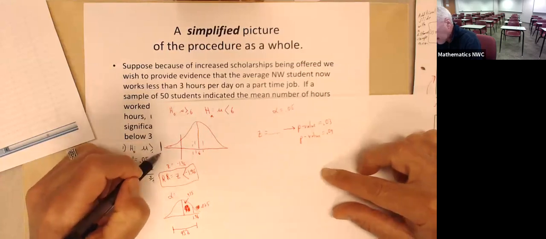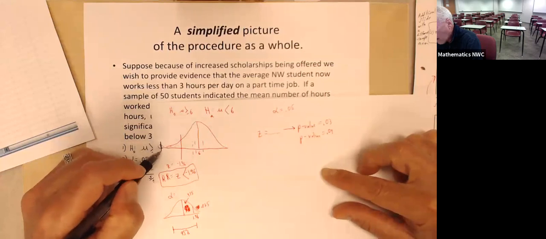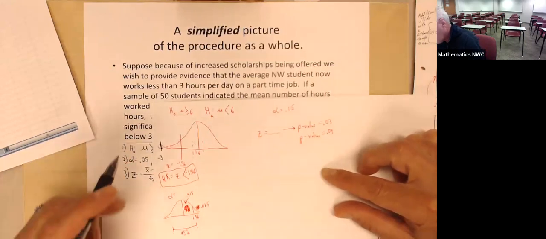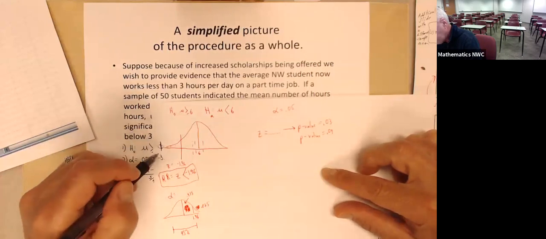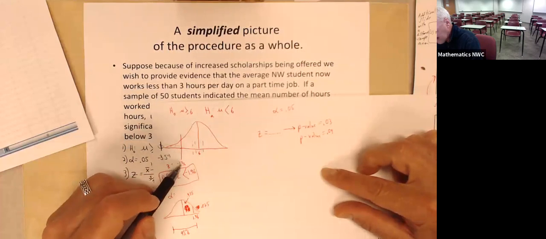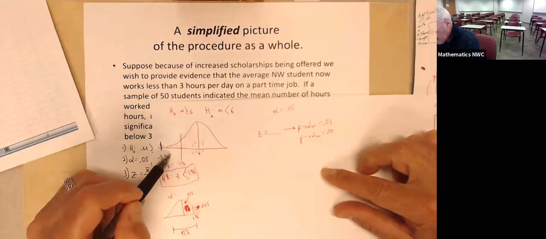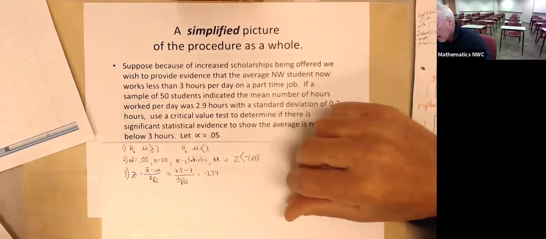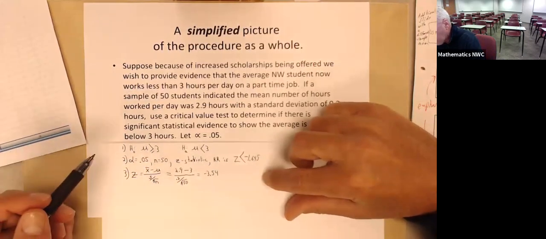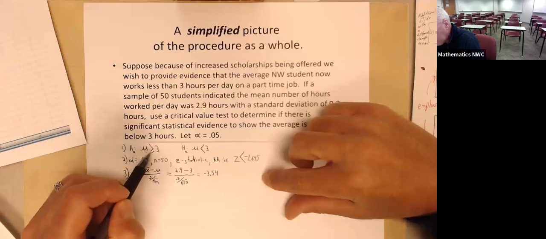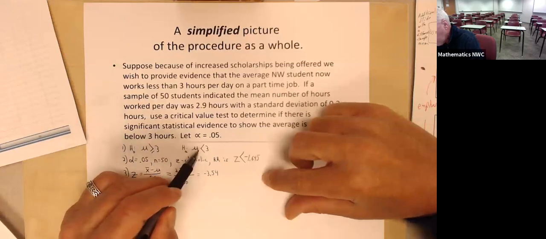Our sample indicated that the average was way over here, negative 3.54. That's way over top this line in the sand. That would give me enough evidence to indicate that it can't be greater than or equal to 3. So I'm going to be able now to conclude that this is false and this one has to be true.